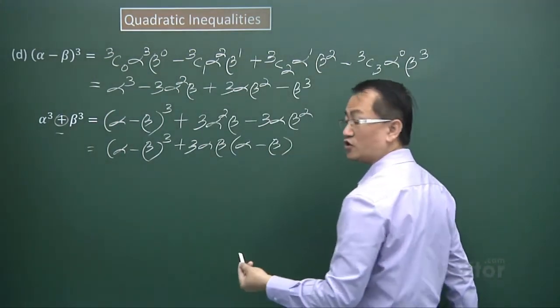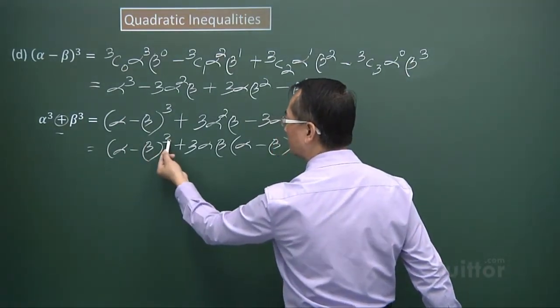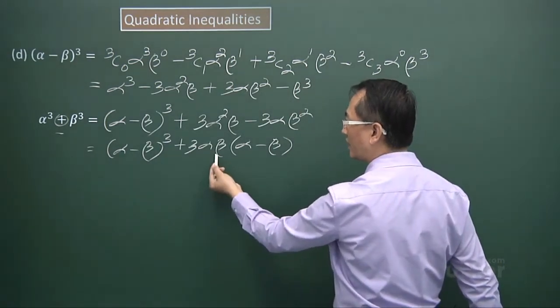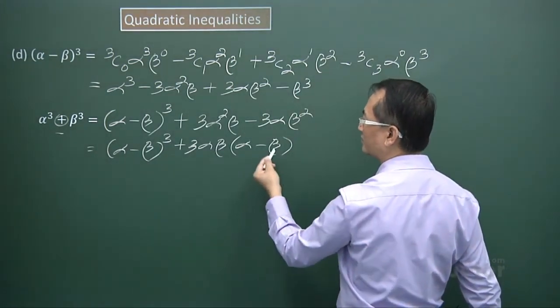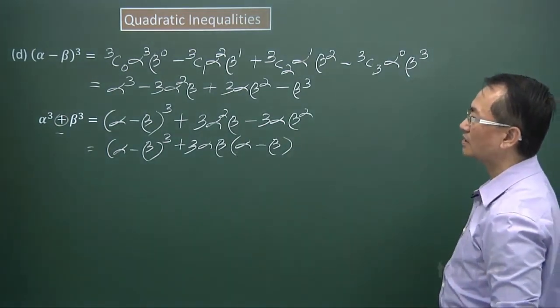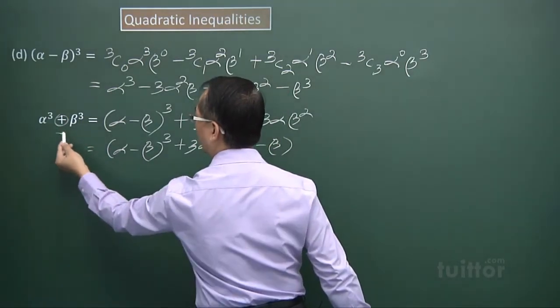So, in short, the difference of the two roots cube plus 3 times the product of the two roots times the difference of the two roots. So take care, that is alpha cube minus beta cube.